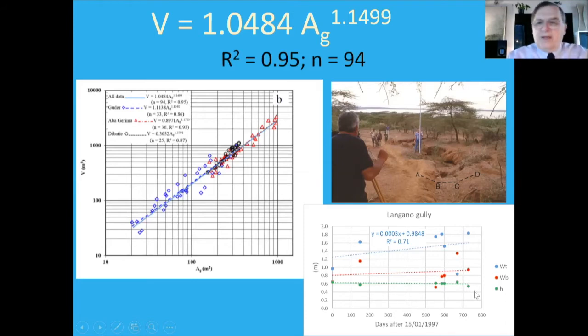So with an increase in top width, we have an increase also of the volume that is lost.